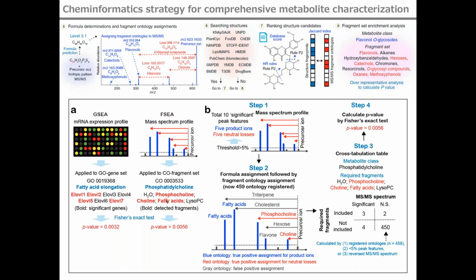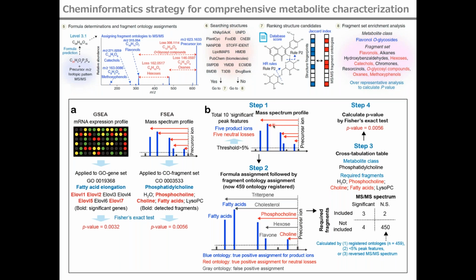In this study, we defined the significant peaks by an intensity cutoff, and peaks having more than 5% relative intensity were recognized as significant peaks in the MS/MS spectrum. Here, let's consider that a total of 10 significant peak features are observed. It contains 5 significant product ions and 5 significant neutral losses.